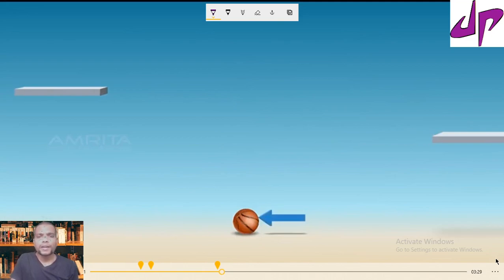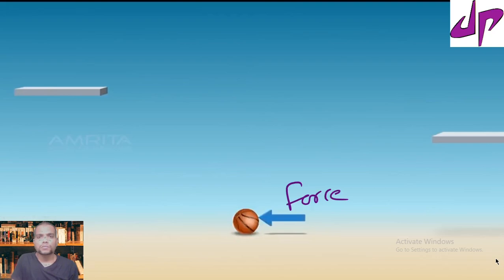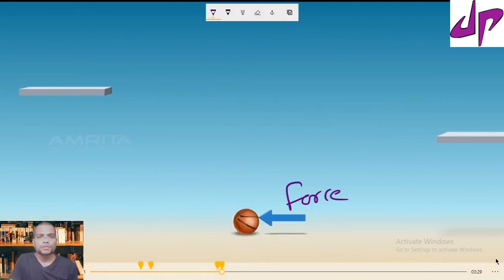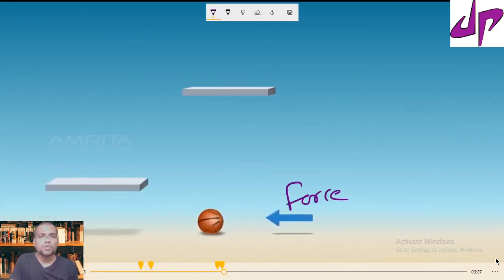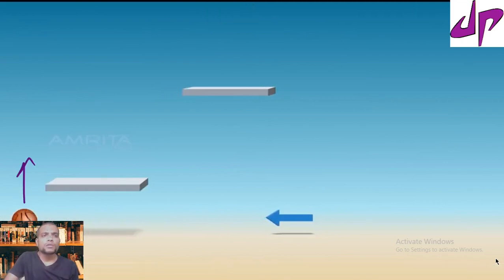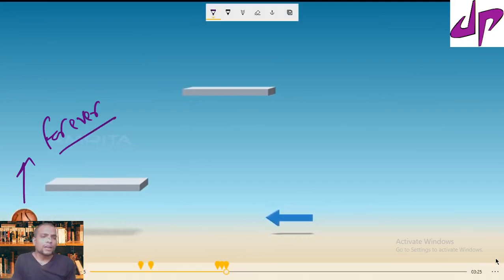Suppose you apply a force, now the ball wants to move forever, unless an external unbalanced force is present. This is what Newton's first law states.